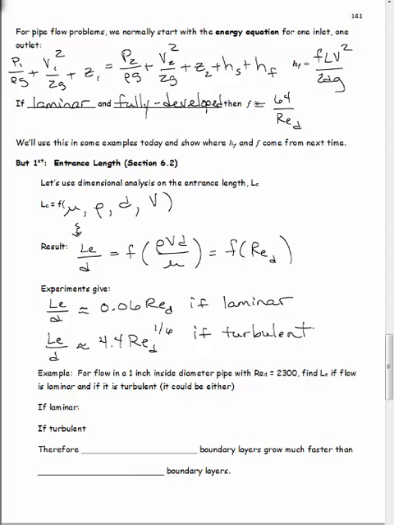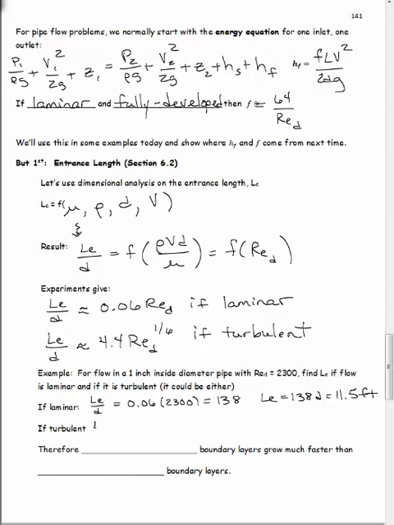Okay, so for example, if we have flow in a one inch pipe with a Reynolds number of 2300, let's find the entrance length if it's laminar or if it's turbulent. It could be either at 2300 because remember that's the critical Reynolds number. So if it's laminar, LE over D equals 0.06 times 2300. That comes out to 138. So therefore our entrance length equals 138 times our diameter, which is 11.5 feet.